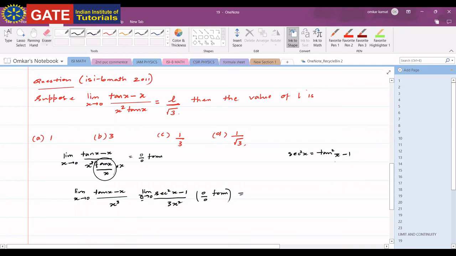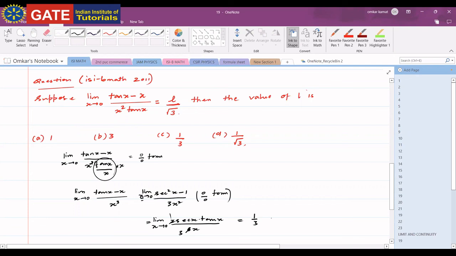Instead of that, directly we can differentiate one more time. That will be nothing but limit as x tends to 0, 2 times sec x into tan x divided by 6x. Now this tan x by x is 1, 2 1s are 2s, 3s are 3s. This is 1, 1 by 3 is the answer.